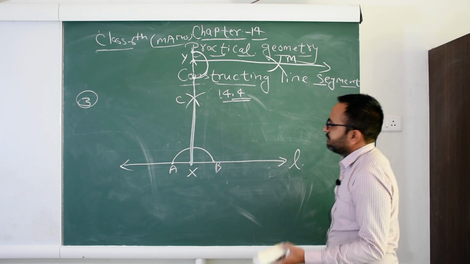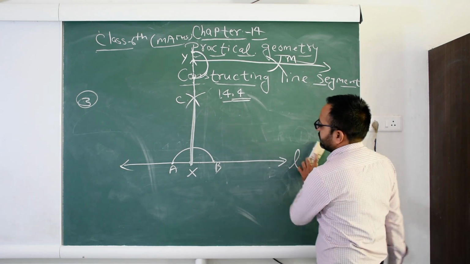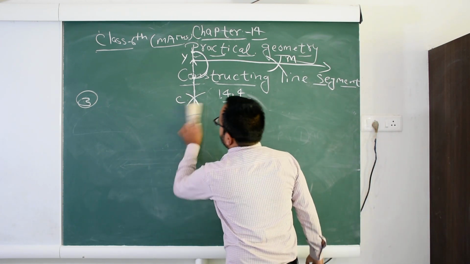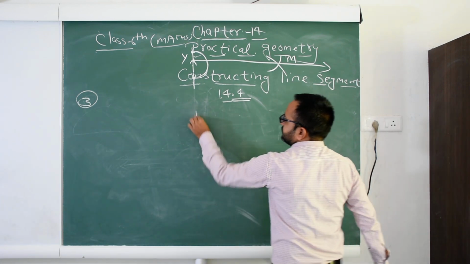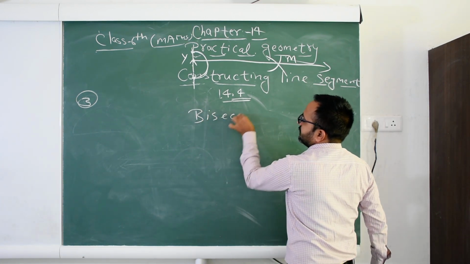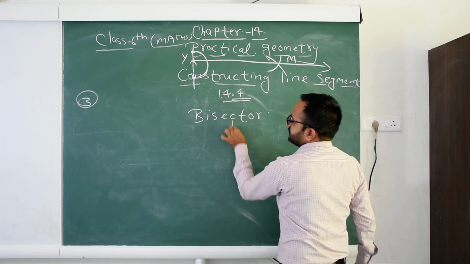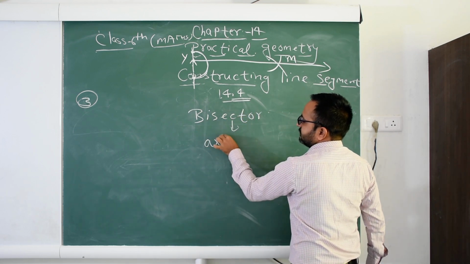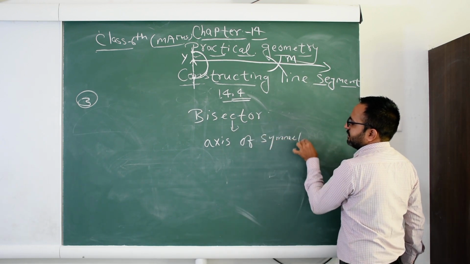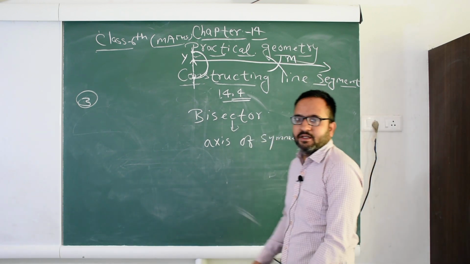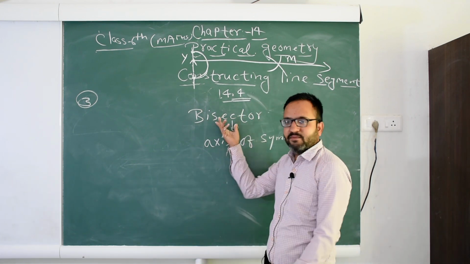Now we discuss bisector. The next topic in this chapter is bisector, also called axis of symmetry. What is the meaning of bisector?